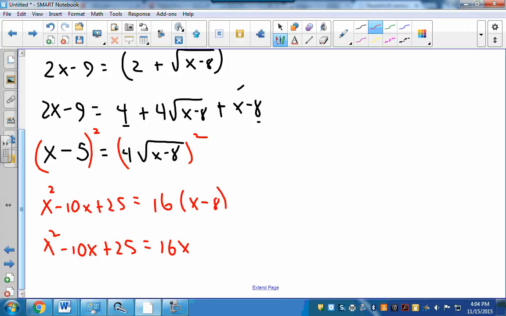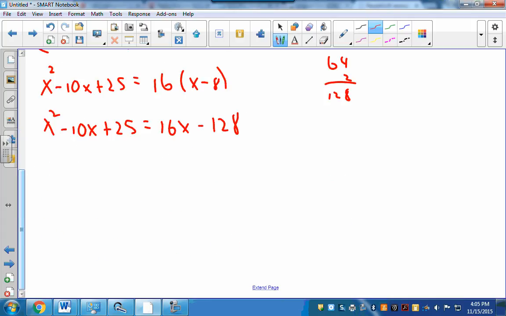And let's see, 8 times 8 is 64 times 2 is 128. Okay, so minus 128. Okay, so moving things around again, we get x squared minus 26x and minus 103, if I did my subtraction right. Okay, equals 0.